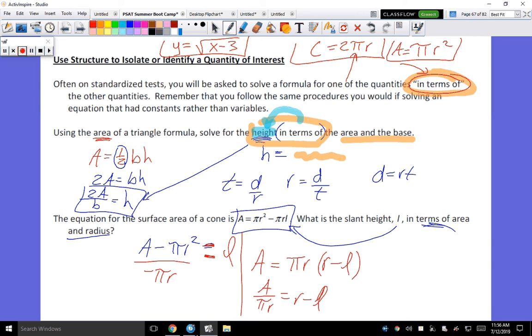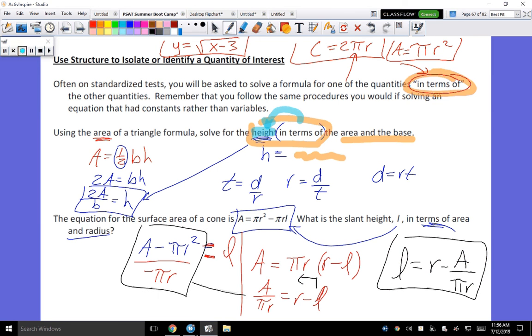I could subtract the r and then divide by a negative. Or, you know me, I like the positive coefficients of the variables I'm going to get alone. I would add L to the left side, and I could subtract A onto the right side. Are these two the same? They are equivalent. You just have to multiply by forms of possibly -1 over -1.